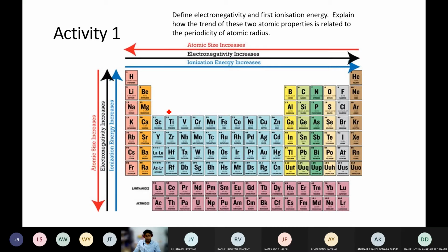So far we are talking about the trend in the periodic table.